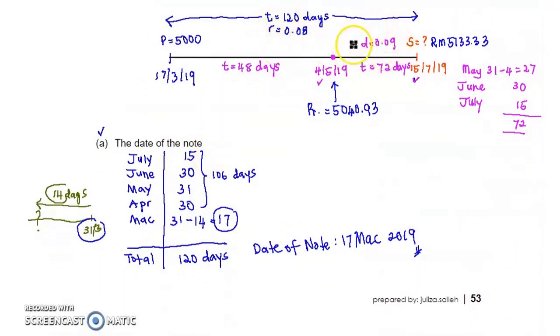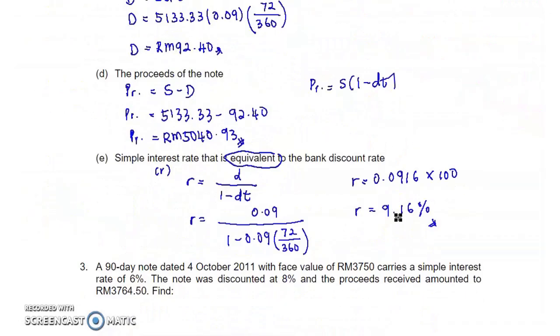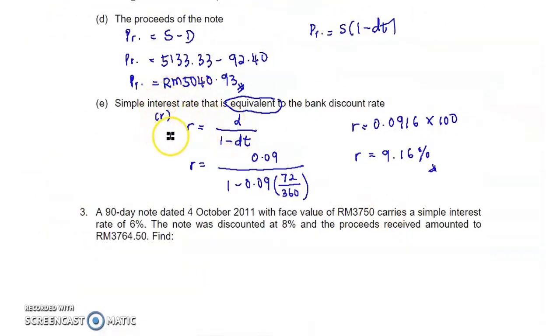Okay. So given just now, the interest rate is 8%. Bank discount rate is 9%. These two different rates will not give the same amount of face value. But if the discount rate is 9%, and we calculate the simple interest rate that is equivalent to the bank discount rate, which is 9% just now, given in the question, then with this interest rate of 9.16%, it will give the same amount of face value.